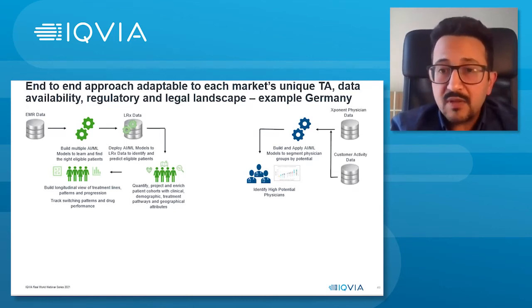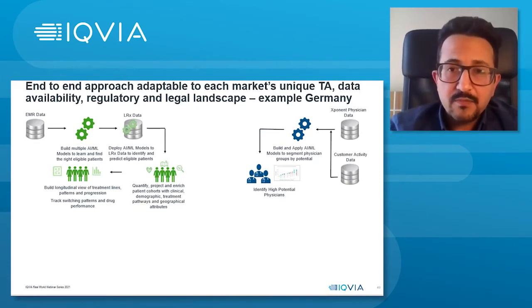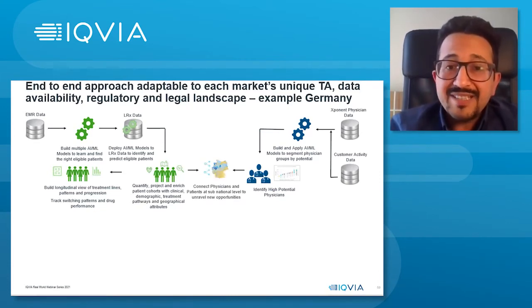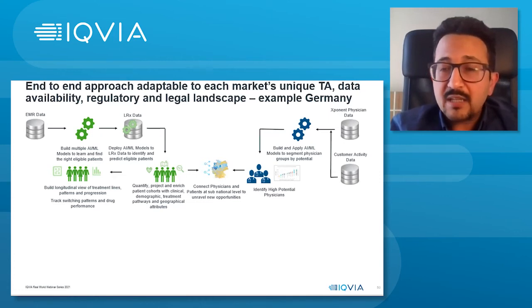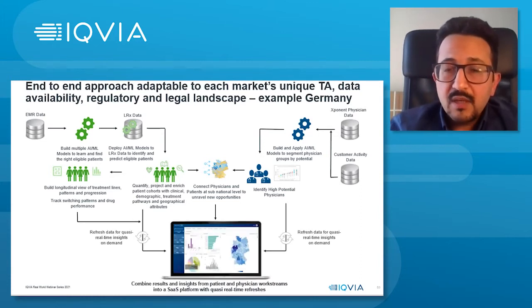The use case may be different, for example, to identify those physicians who can drive referrals versus those who can drive diagnosis or initiation of a treatment. We then overlay the patient and physician insights at a subnational level to unravel unmet opportunities. And finally, all of these elements come together on an interactive dynamic interface.